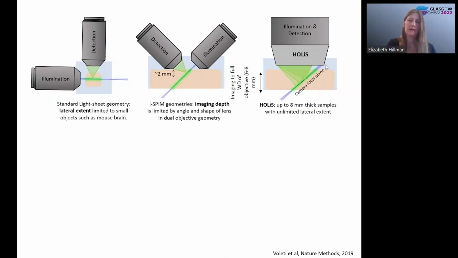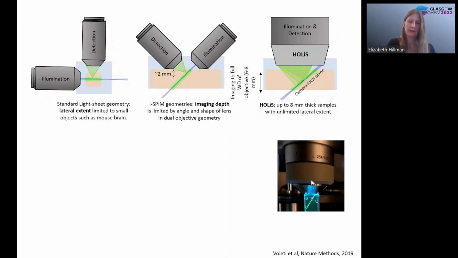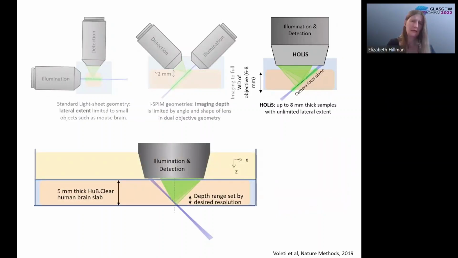We basically illuminate with an oblique plane of light, and then we detect that light back through the same objective lens. So it looks a little bit like this if we just put a cuvette of some fluorescein here underneath the objective lens. The way that we're going to collect this data is we'd have the 5 millimeter thick cleared brain slab mounted in a cassette with index matching glass either side and then oil on the top.